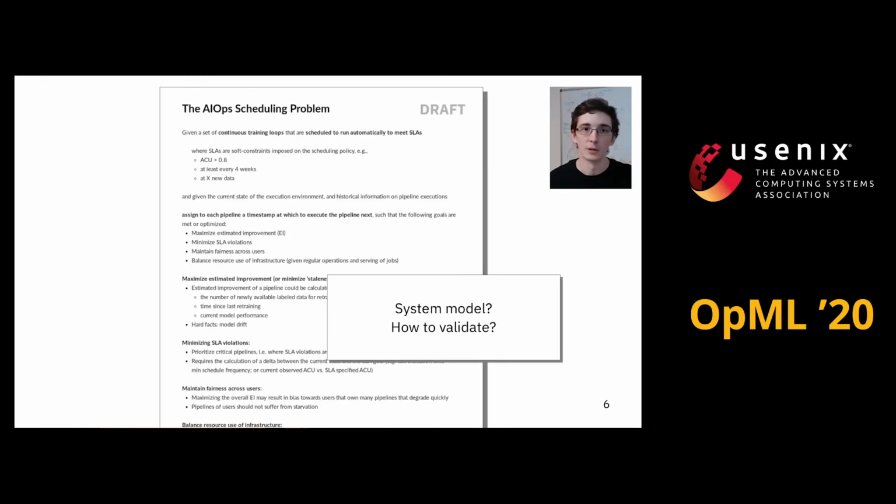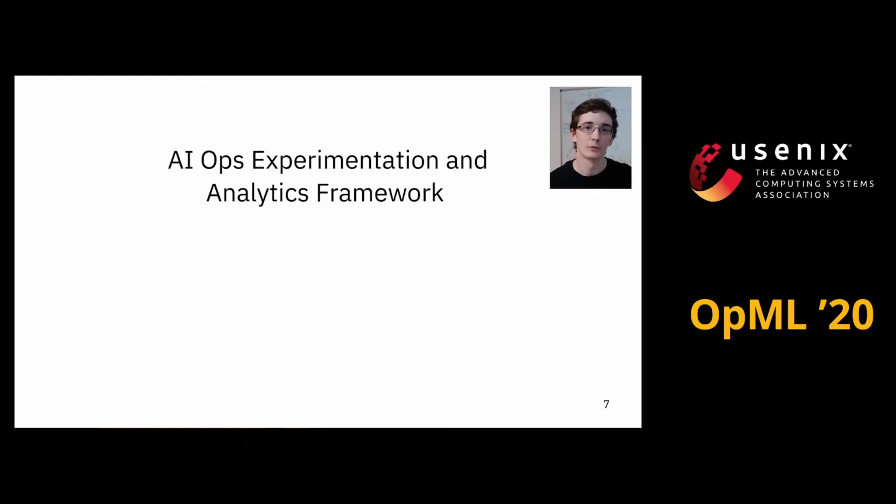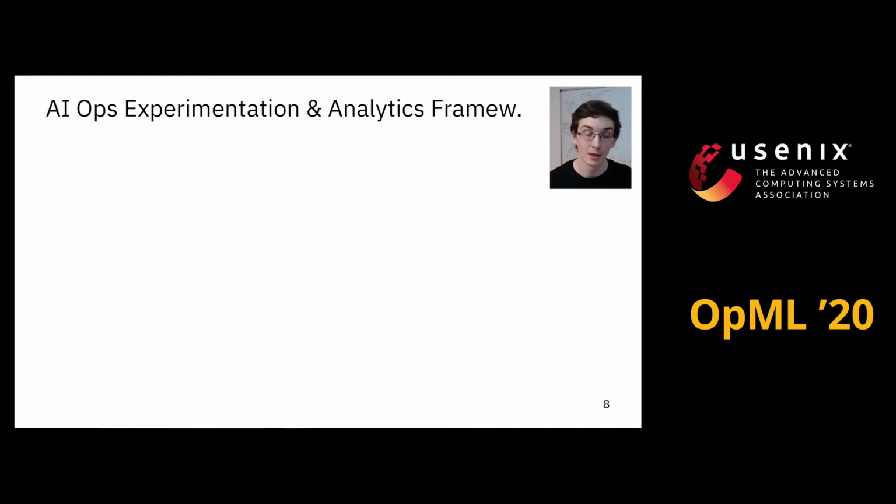We started to formalize this as a scheduling problem, but quickly ran into some roadblocks. For example, at the time, there was no system model for AI ops platforms that we could build on, and it was also not clear how we would test and validate a scheduler. So to move forward, we really first needed a framework in which we could develop these types of operational mechanisms.